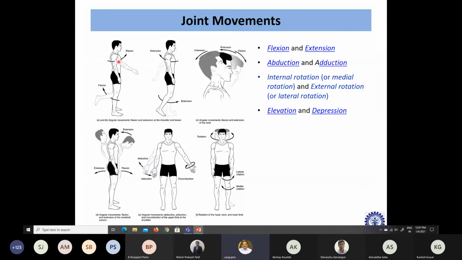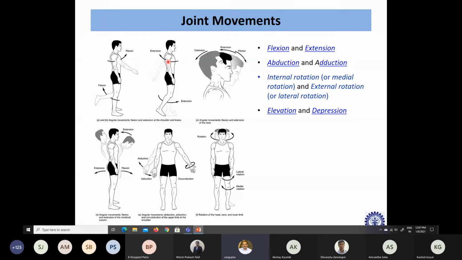No, this is flex. So typically the movements are, for the arm, you see, one type of movement. From the leg, it's slightly different. So that is how it is standardized. So flexion means bending more.